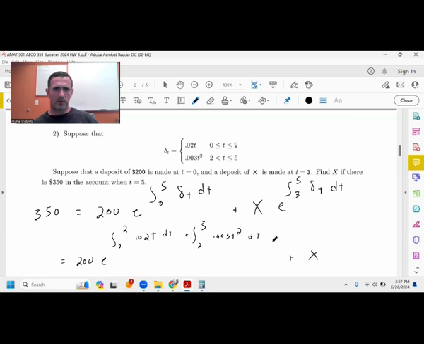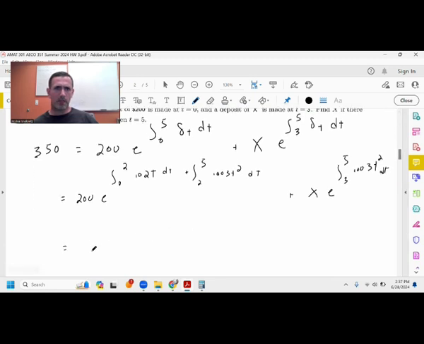So this whole thing plus x. So 3 to 5 is just 0.003 t squared. All right, so this is just t squared over 2.